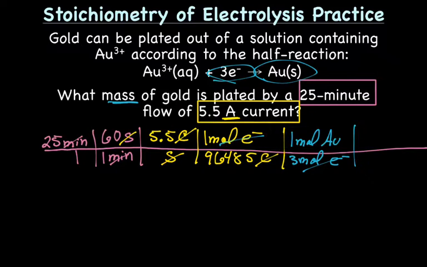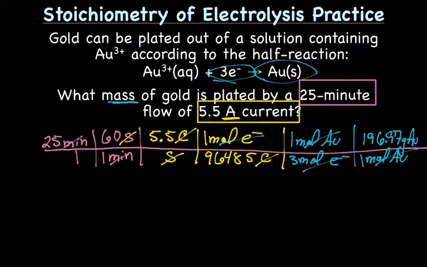So now we can use the molar mass of gold, 1 mole Au, and molar mass of gold is 196.97 grams Au, mole and mole cross out.